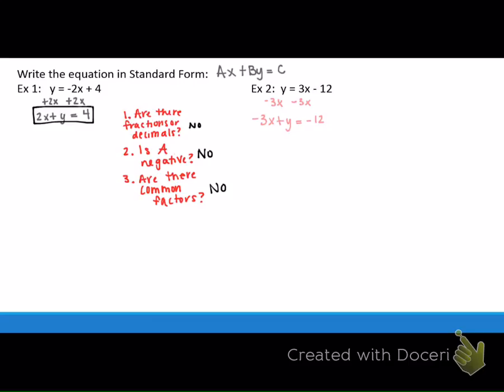Number 1 is, are there fractions or decimals? No. How about our a value? Is it negative? So Jenny, how am I going to get rid of that? Divide by -1. So divide everything by -1.